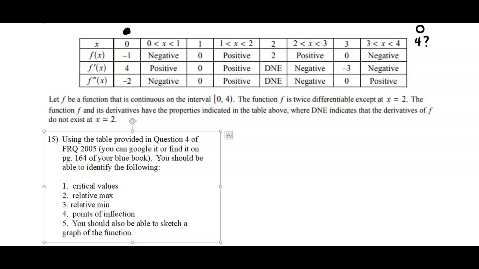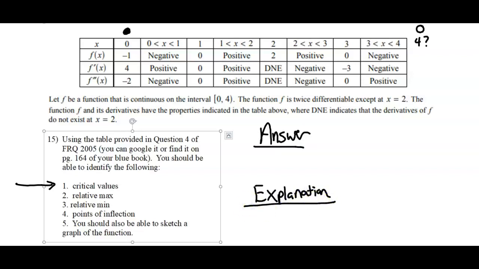Now, on this particular question, in order to get the point for each one of these, you have to give the answer and the explanation. Okay? Now, critical values.